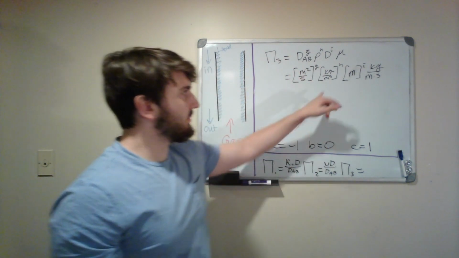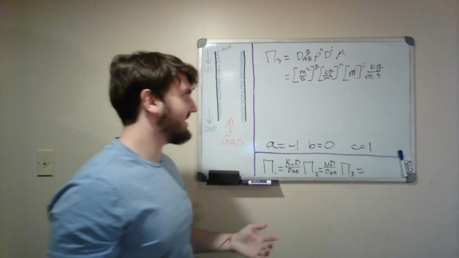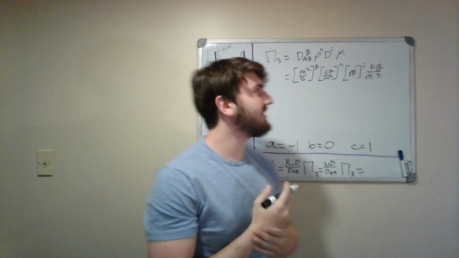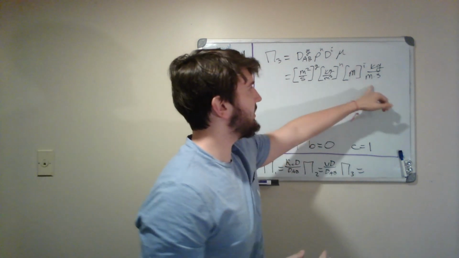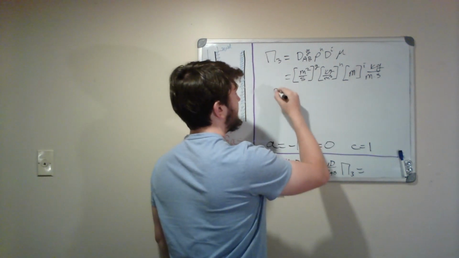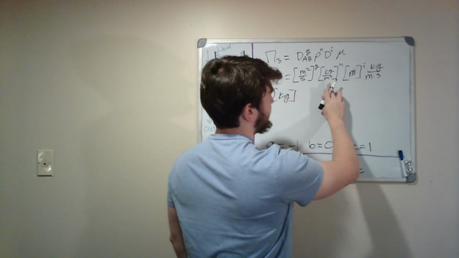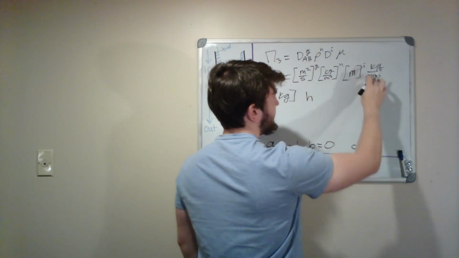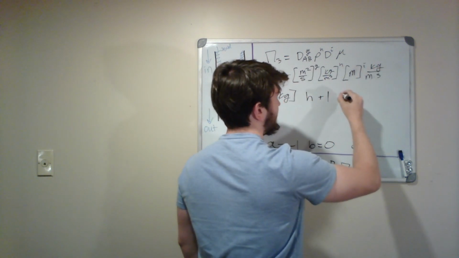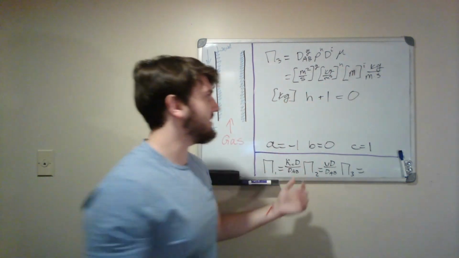With that, we can't just simply cancel out those kilograms anymore. Sadly, I wish it would have been that easy again, but we can again work with that. It shouldn't be too hard because once we do kilograms, we know that we have this as 1h, so h plus 1 has to equal 0, so we know that h has to be negative 1.